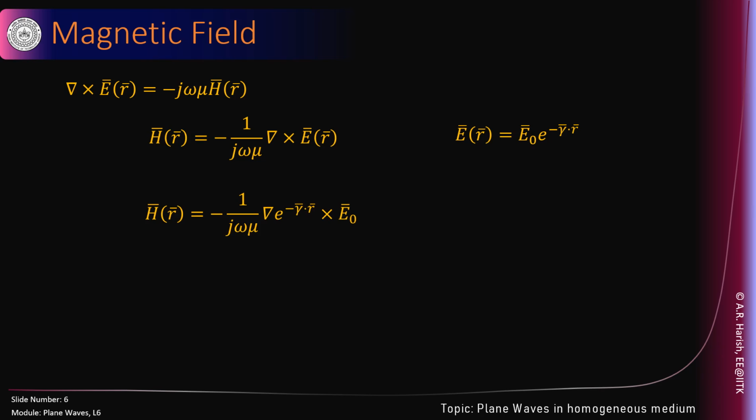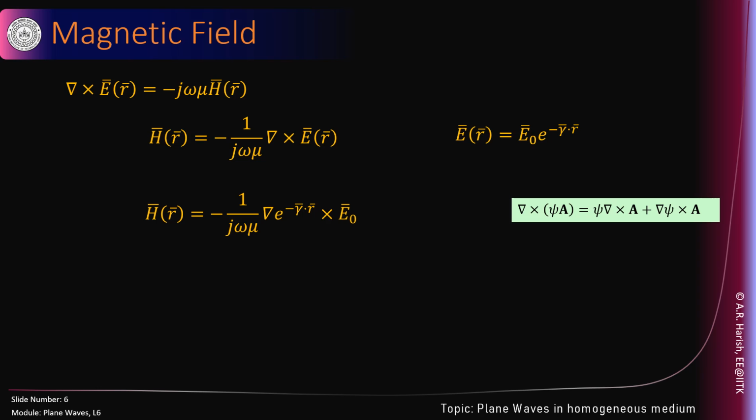We need one more result now. In order to evaluate this, we need to use the result del cross psi A equal to psi del cross A plus del psi cross A. So here I want you to do a bit of mental calculation. Let's see if we can do that. Del cross psi A. What is psi? e to the power of minus gamma dot r. What is A?